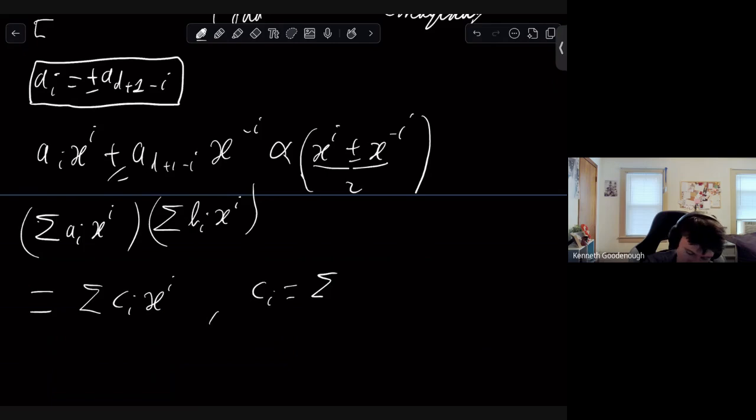I believe this is called the Hadamard product, maybe not the Hadamard product, no, the Cauchy convolution, I believe. So we fix i here, have j here, and then we take all the a_j times b_(i minus j).